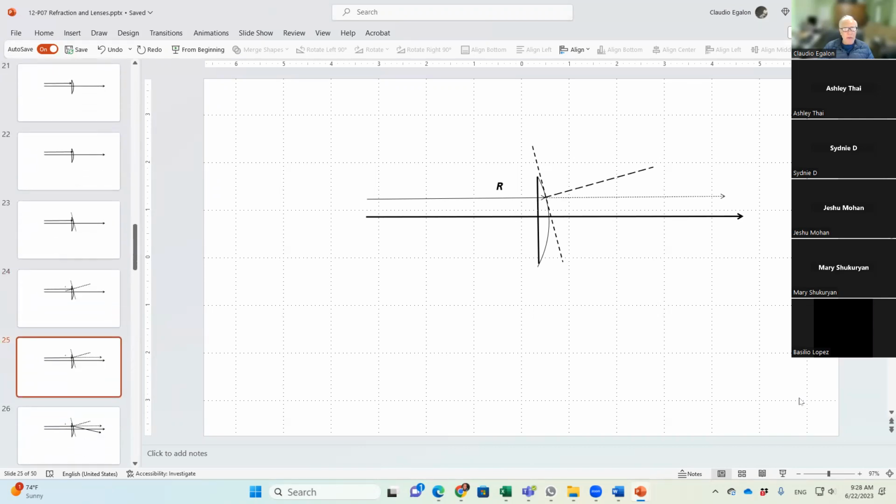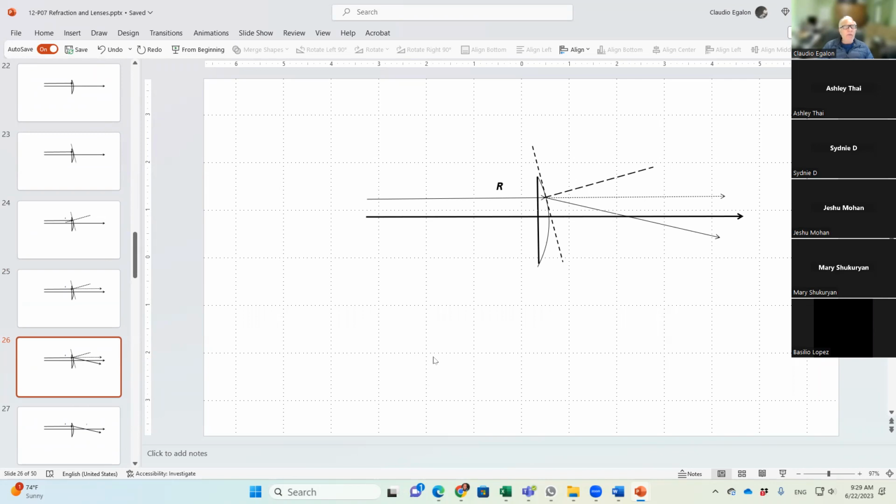And here is the through ray with no refraction. That propagates with no refraction whatsoever. But because you're going from one medium of higher refractive index to a medium of lower refractive index, the light ray is going to move away from the normal.